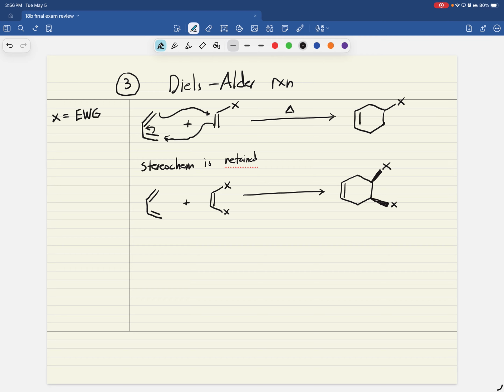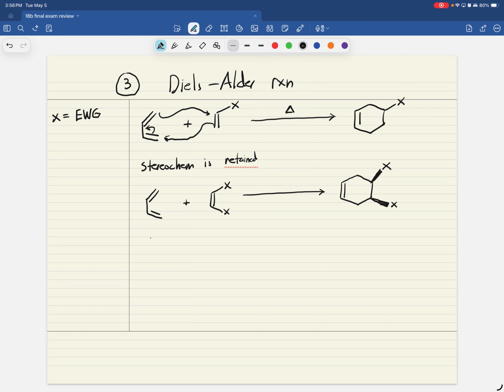I wouldn't worry too much about that one. If you did, I would say maybe put that little guide on your note card. That'll be good to do. But here, generally speaking, just refer back to the stereochemistry on the dienophile. I think that's more represented here.